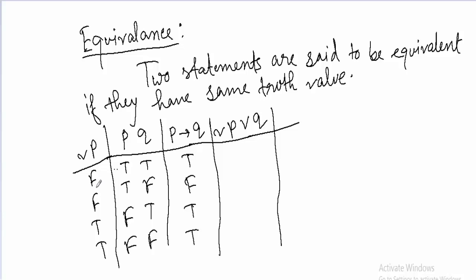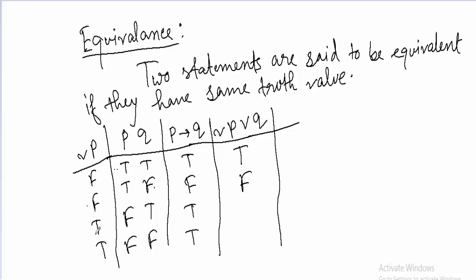Not P union Q: in the first case P is false and Q is true, so this is true. In the second case P is false and Q is false, so this is false.